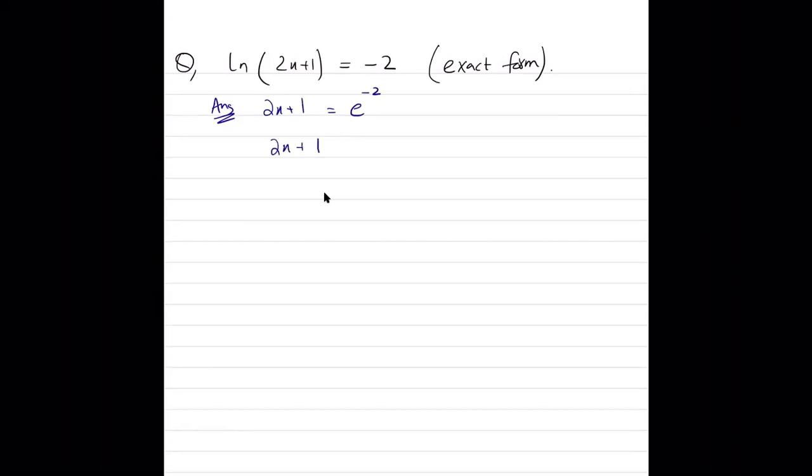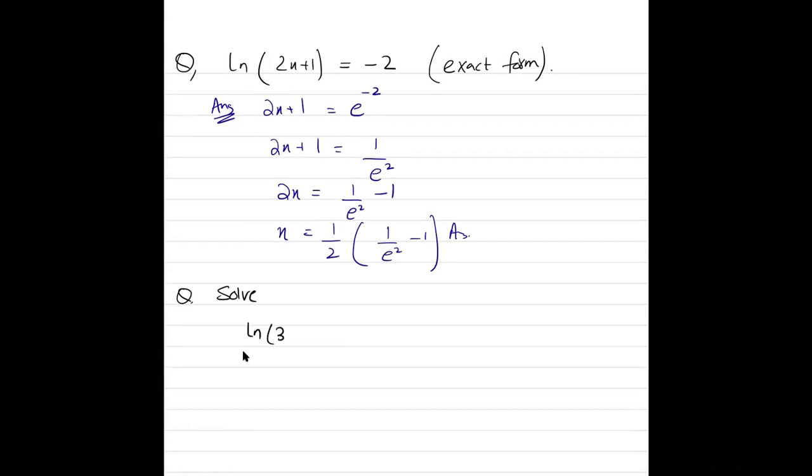Now, e raised to the power of minus 2 can be written as 1 over e squared if you want. 2x is going to be 1 upon e squared minus 1, and x is going to be half times 1 upon e squared minus 1. All right. Okay. ln of 3 minus x squared is equal to 2 ln x. Give your answer to three significant figures.